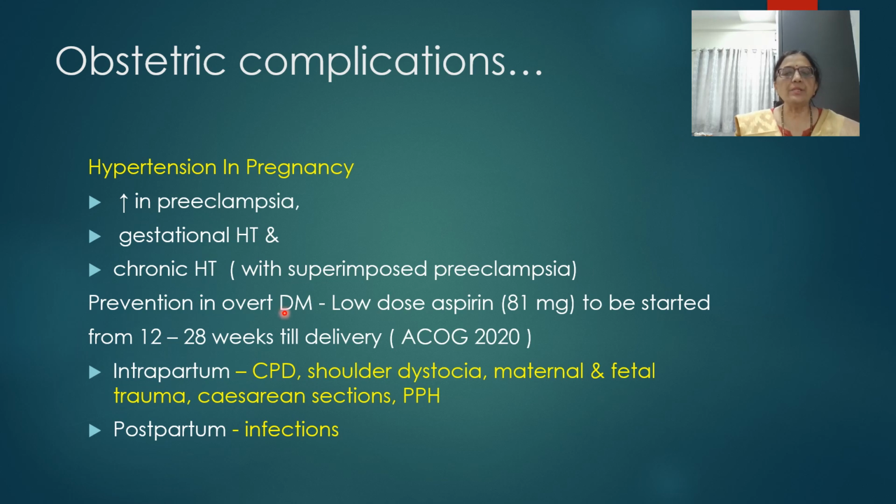In overt diabetes, there is a role for prevention of these hypertensive diseases by giving low dose aspirin. The dose given by SCOG is 81 milligram per day, started from 12 to 28 weeks and continued till delivery, as per the SCOG 2020 guideline.